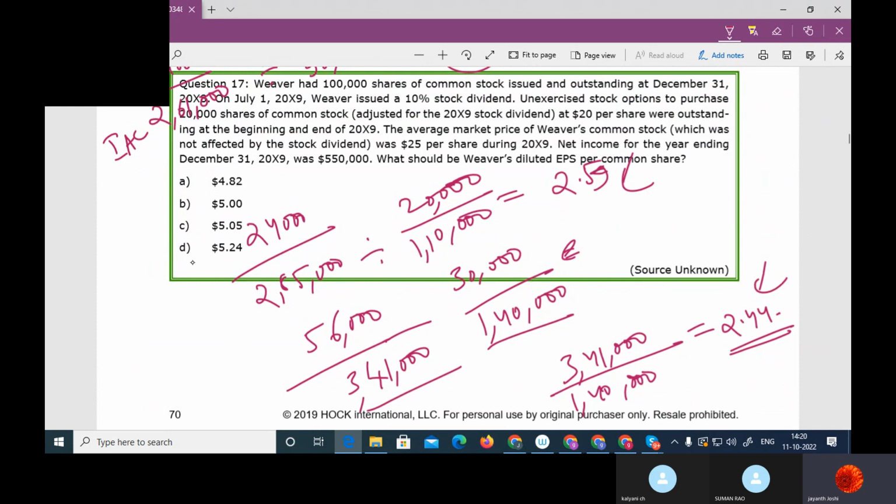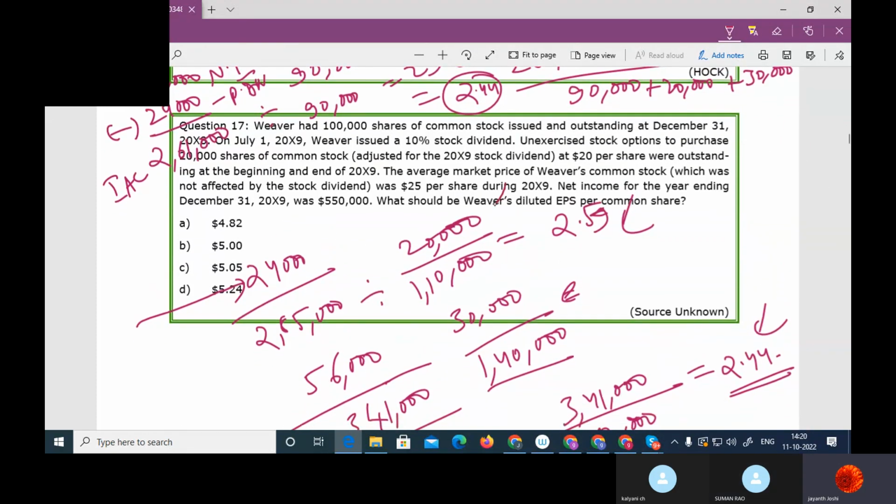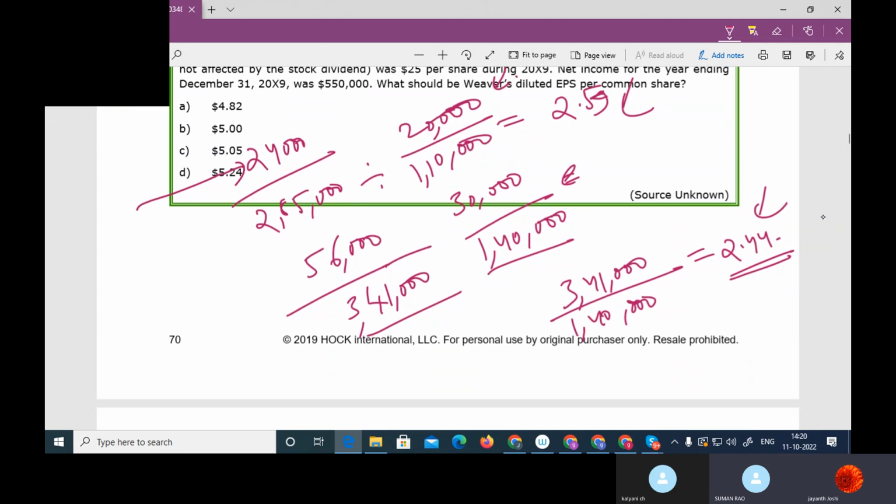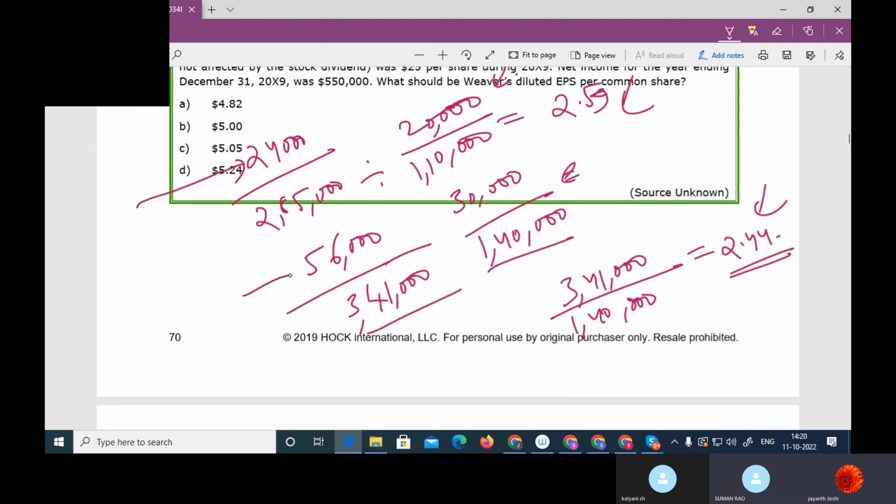Then the preferred stock has been converted into equity, so preferred dividends are added to income available to common shareholders, and the preferred shares are added in the denominator. 90,000 plus 20,000 gives 1,10,000, and 2,85,000 by 1,10,000 is 2.59. Then one more step: 56,000 is the bond interest and 30,000 is the shares. The bond has been converted into equity. Adding these I get 3,41,000 and 1,40,000. Dividing, I get 2.44 as my diluted EPS.